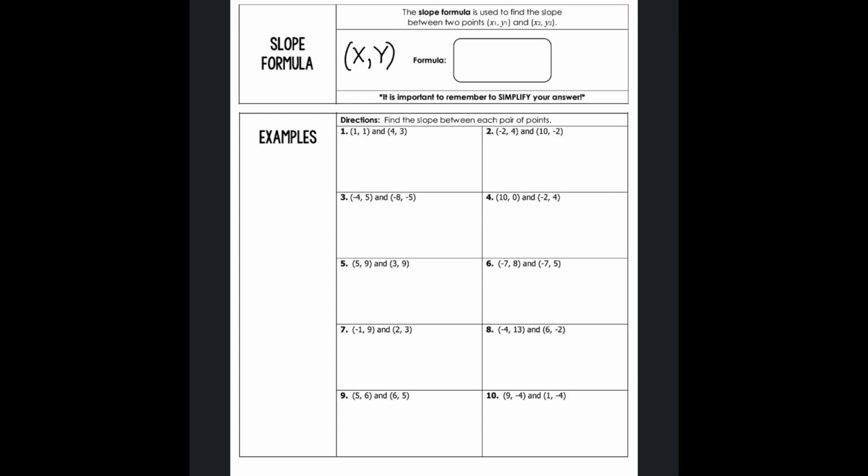And so our formula is y2 minus y1. So our second y value minus our first y value over x2 minus x1. Our second x value minus our first x value.